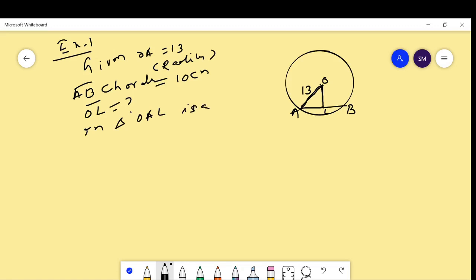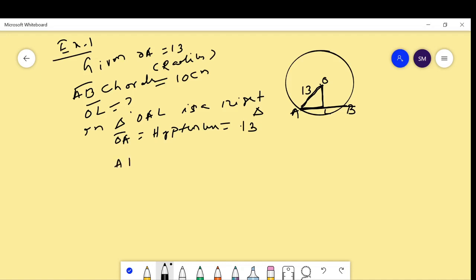It is a right angle triangle, and OA is the hypotenuse, equal to 13, and AB is equal to 10.